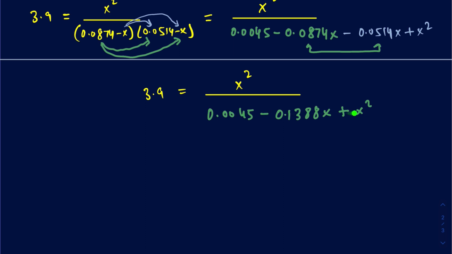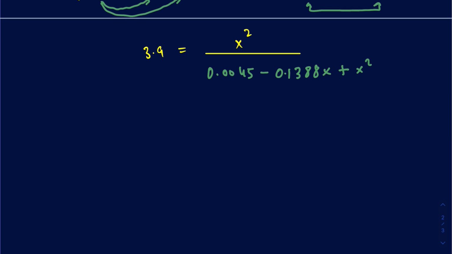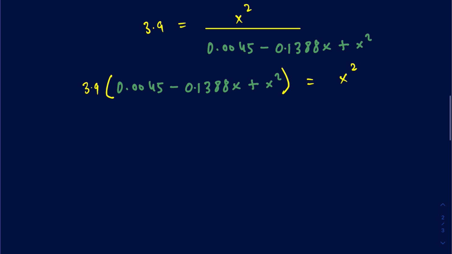All right, so when I multiply both sides by this number, I'm going to be multiplying this by 3.9 here. So I would have 3.9, and then I'm just going to be multiplying this whole thing by that number, and that's going to be equal to x squared. So let's see what we get here. So it's 3.9 times 0.0045.